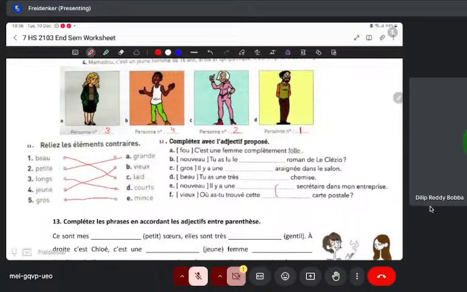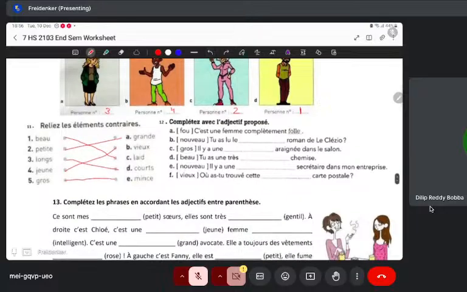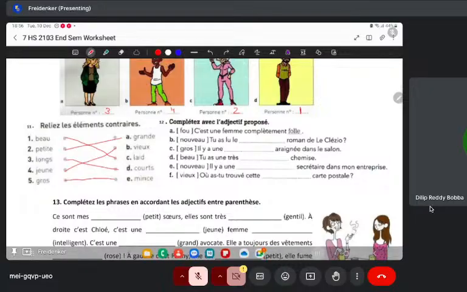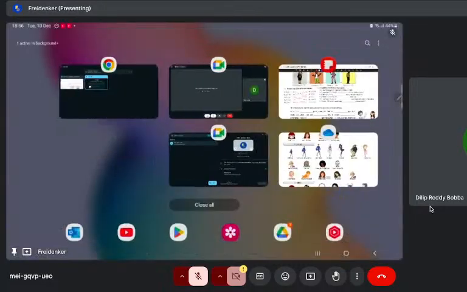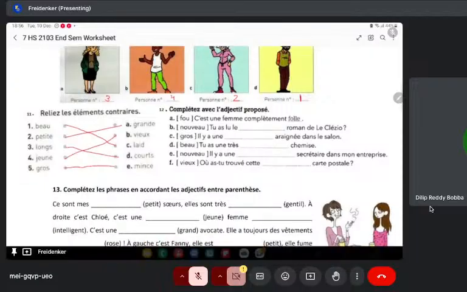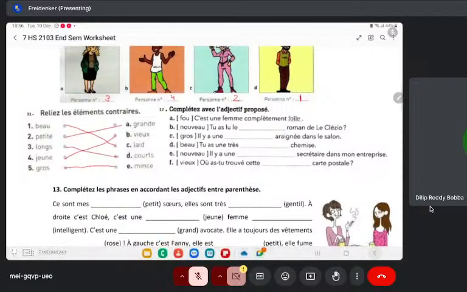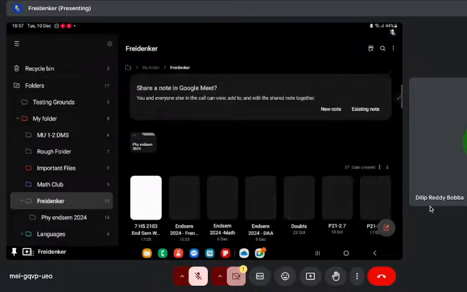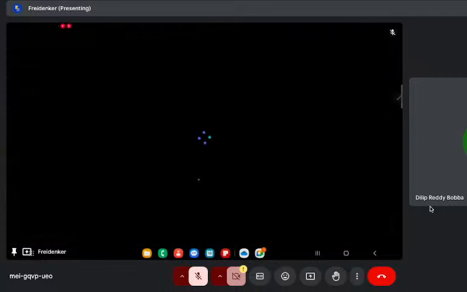So they gave you an adjective, now you're supposed to fill it. Fou is crazy, mad. Okay, what I'll do is, since they're using this word for the benefit of your people, let me just add something in this document. I'm just writing one line now.